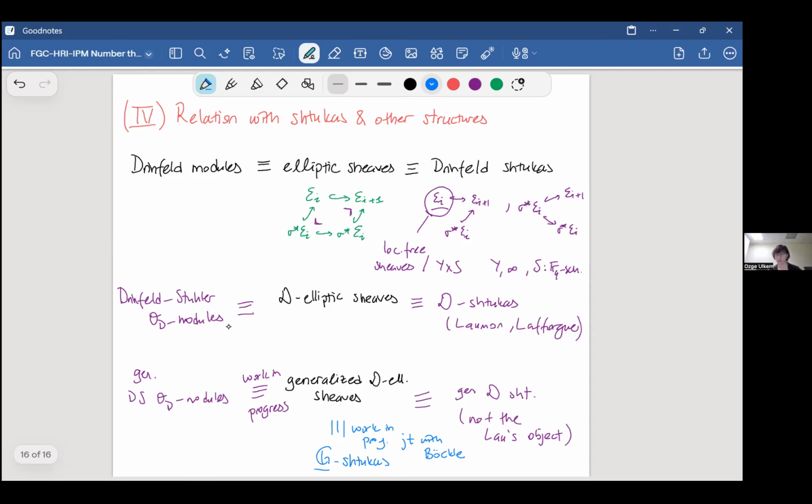So even more general. And we claim that when G is the Weil restriction of the unit group, there is a scheme associated to it following Bruhat-Tits. If you consider its Weil restriction, you will obtain a nice group scheme. And we claim, still work in progress and joint work with Gebhard Böckle, that they are equivalent to G shtukas. That's all I want to say. Thank you for your interest. Thank you very much.